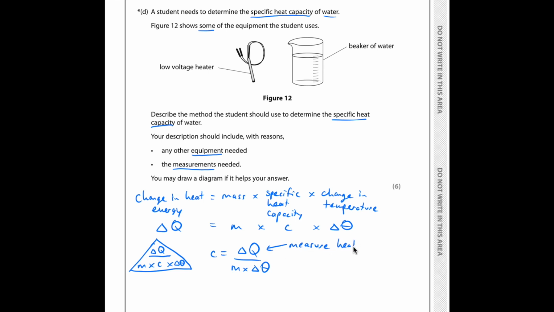We need to measure the heat energy. With what? With a joule meter. We need to measure the change in temperature. With what? With a thermometer.